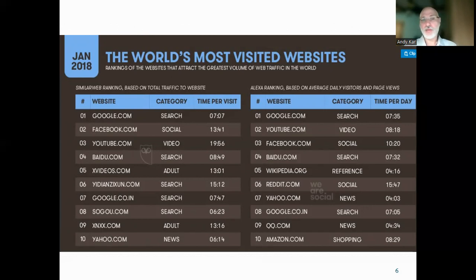Number 2 is Facebook, number 3 is YouTube, number 4 is Baidu, the Chinese version of Google, as we know, Xvideos, etc. In the right column, we have the same ranking, but our source here is Alexa. We have again Google as the #1, but now we see that we have YouTube number 2, then Facebook, Baidu, etc. It's a bit different here, the ranking.